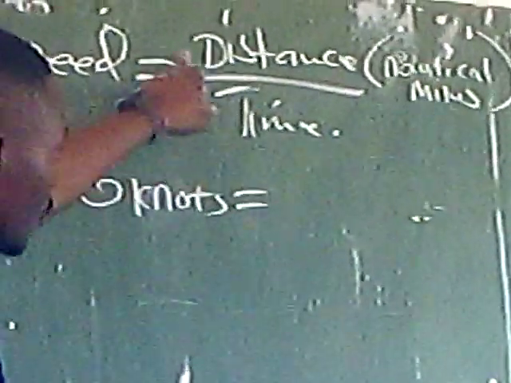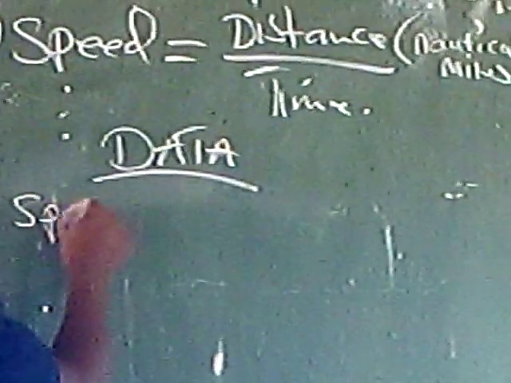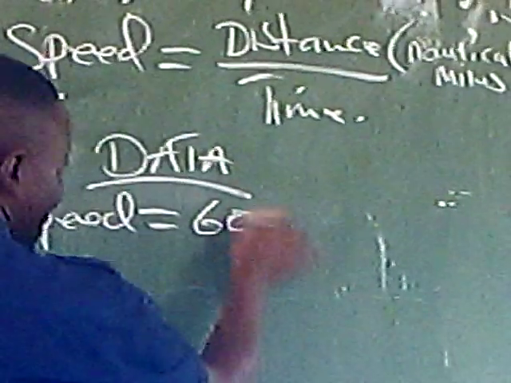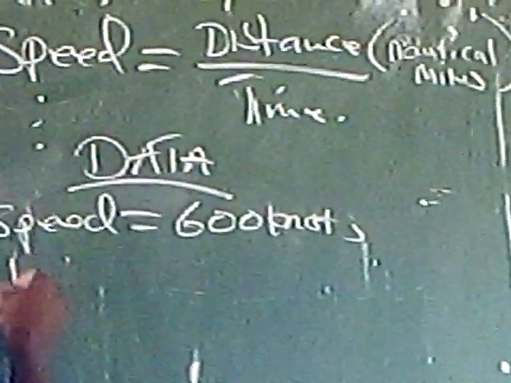Now, how do we get the distance? Speed has been given in the question as 600 knots. Distance is what we must find.